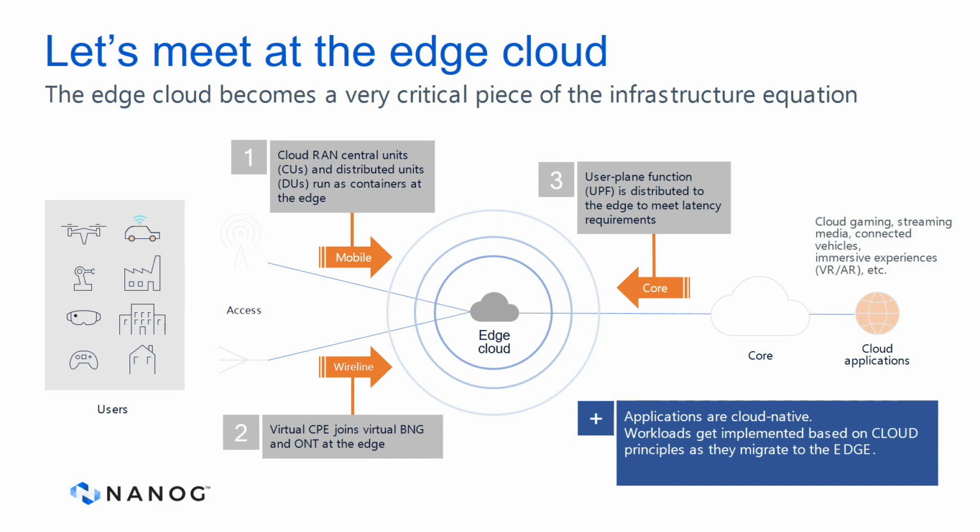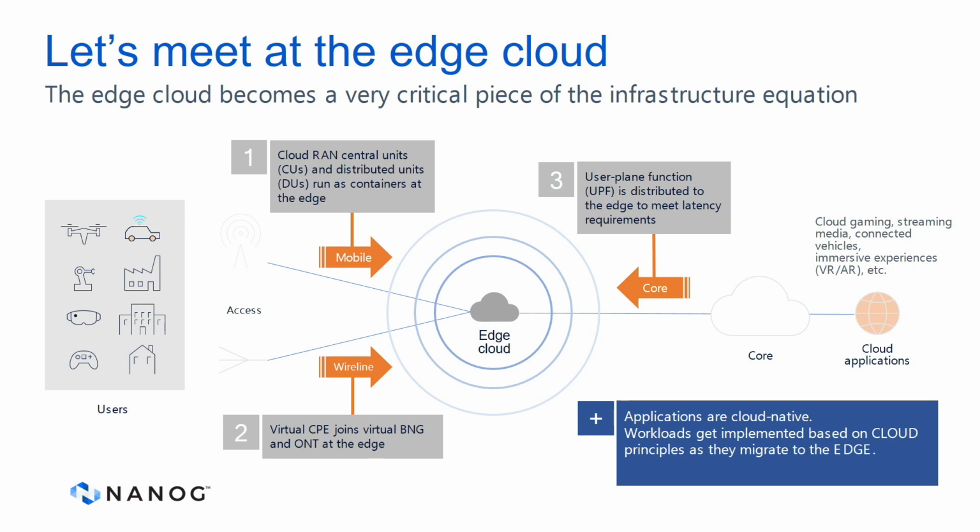You have other use cases like Cloud RAN, which is also being split into microservices. You have the distributed units that can be talking with the central unit that can also be at the edge, in another edge, a central edge, or we can talk about the distributed unit at the far edge.